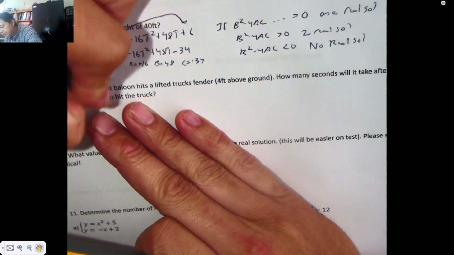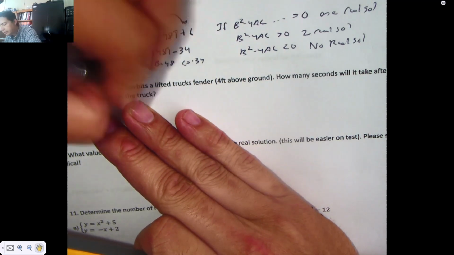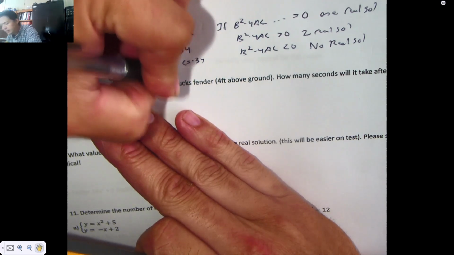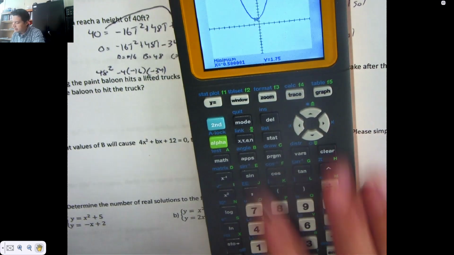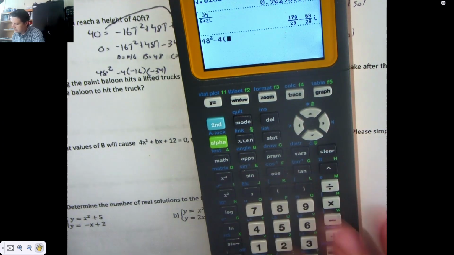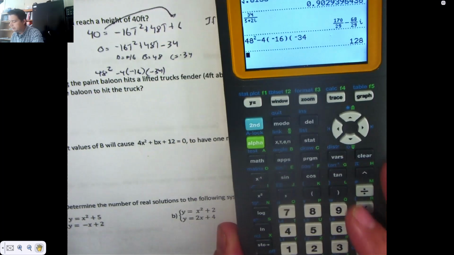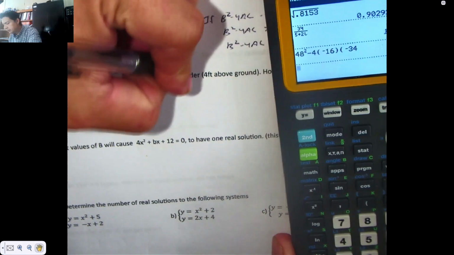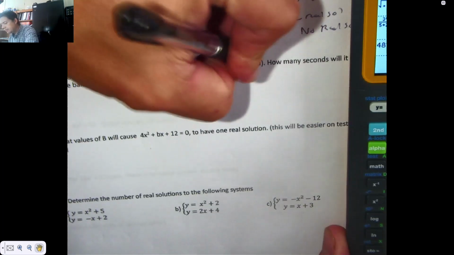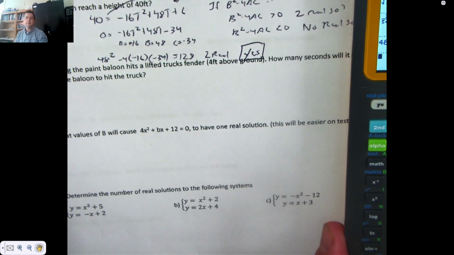If I plug into b squared minus 4ac, I'd have 48 squared minus 4 times negative 16 times negative 34. See what she is. 128. So we have 2 real solutions. When you answer the question: yes, it reaches 40 feet.